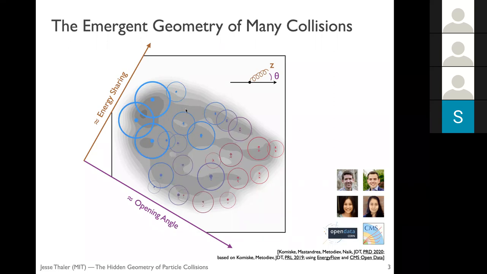Now, I'm calling this an emergent geometry because this is something that might not have been obvious to you until you started using this geometric language that I'll be explaining. But the title of my talk is about hidden geometry. The reason I call it hidden is that these ideas have been around in our field for a while; we just didn't have a name for them.